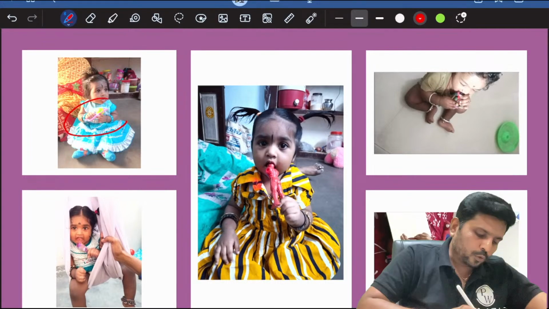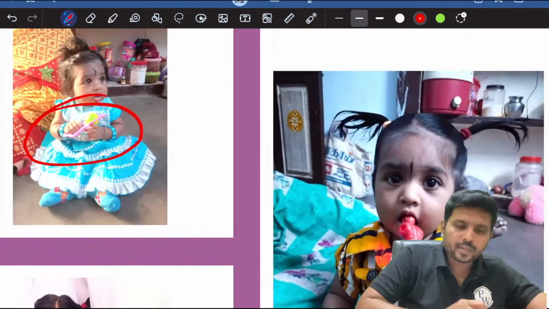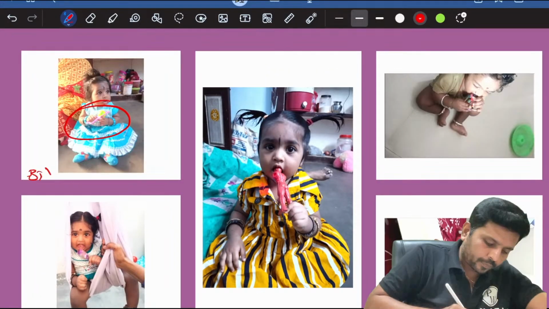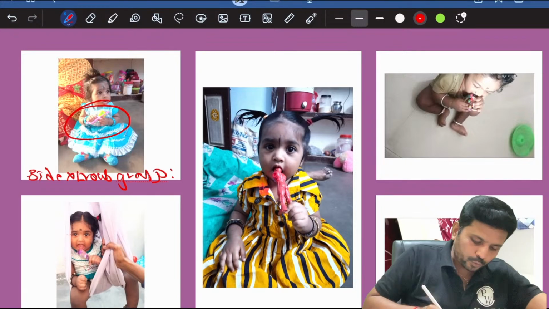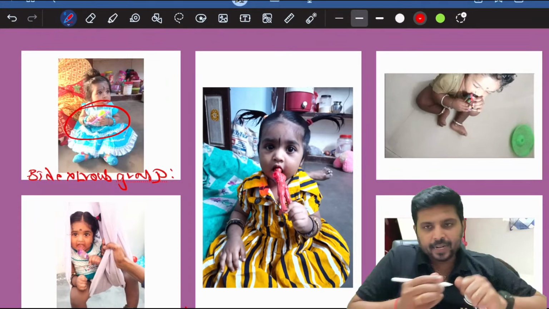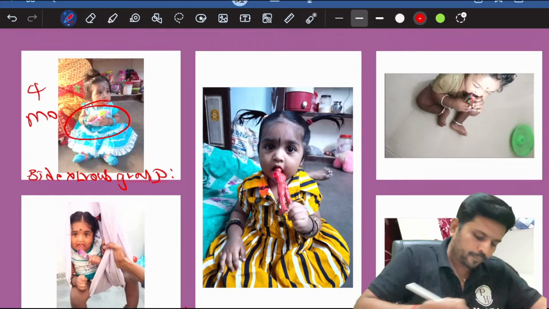Able to hold the toy, this is bidextrous grasp. Unidextrous grasp, 6 months.